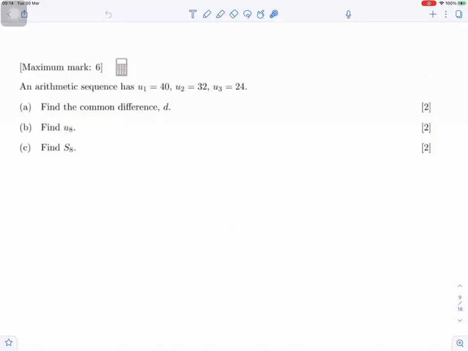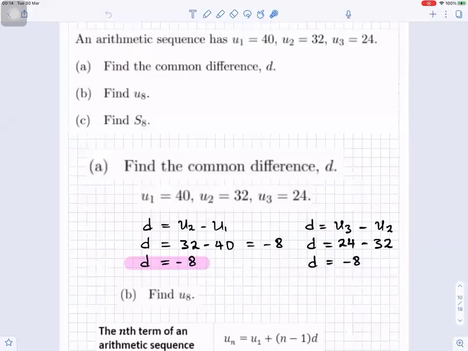An arithmetic sequence has U1 equals 40, U2 equals 32, U3 equals 24. Find the common difference D. Find U8. Find S8. You can press pause and have a go, and when you're ready, press play again. Welcome back.